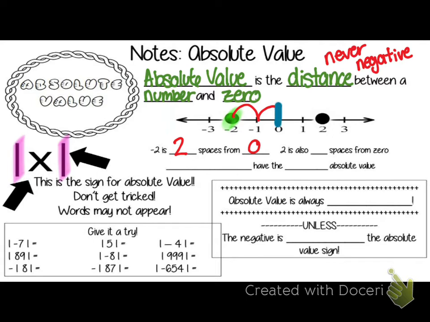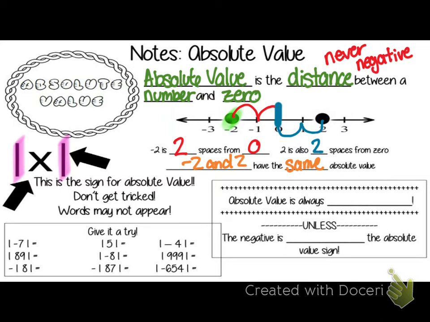If we look at that one, 2 is 2 spaces away from 0 as well. So both -2 and 2 have the same absolute value. They are both 2 spaces away, or 2 numbers away in distance, from 0.